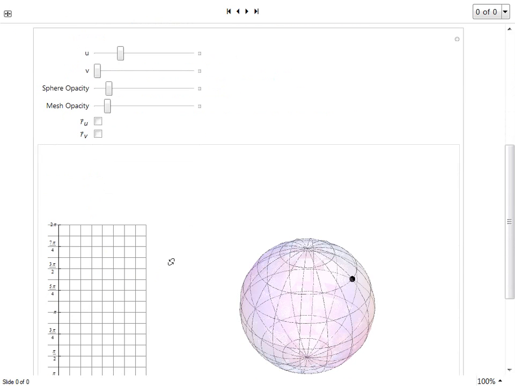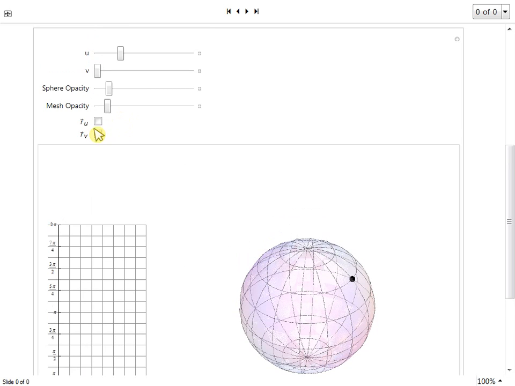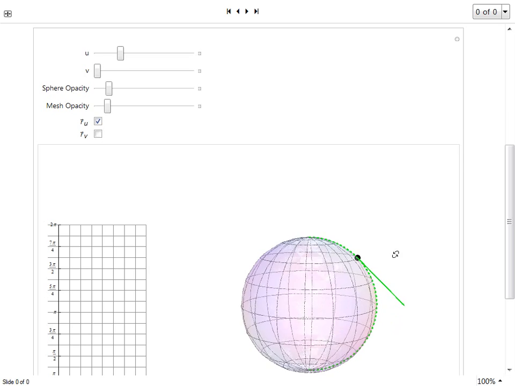So let's go back to our picture here. Here's a point. That's where I am right now. I'm going to take the partial of r with respect to u, which means I'm holding v constant. When I do that, I get this green line along my curve. Now, I didn't draw it as a vector, but does everyone see that is the vector coming off?